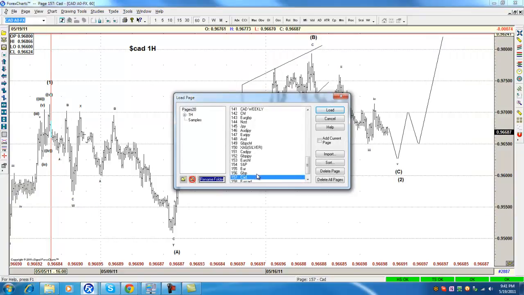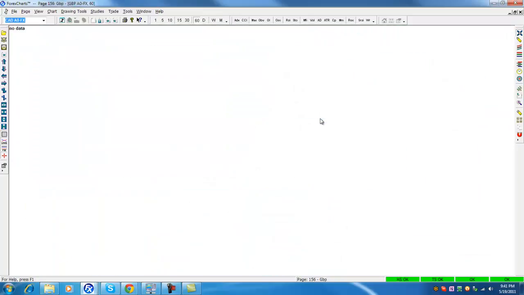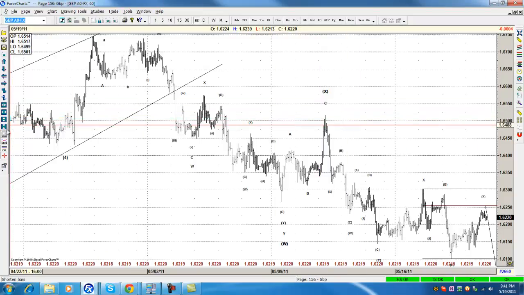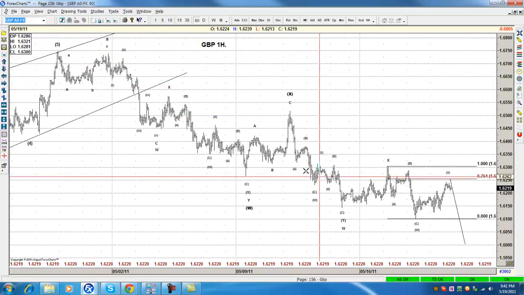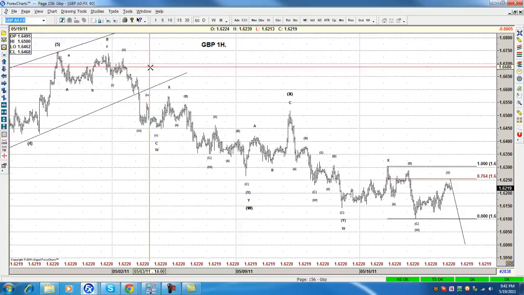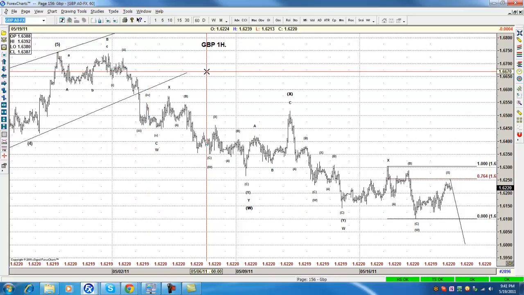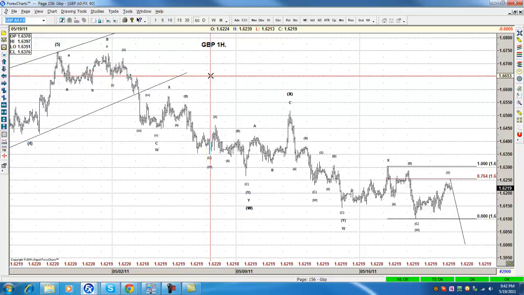Now let's see what else. The pound. Let me show you the pound, because we changed the count in the pound a little bit today. We were having a hard time counting this as a motive wave. So me and my partner were talking about this on the daily, on the triangle, and that this can be the case that can be called corrective.